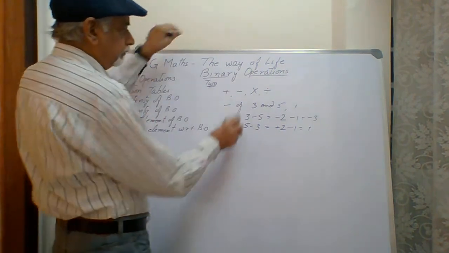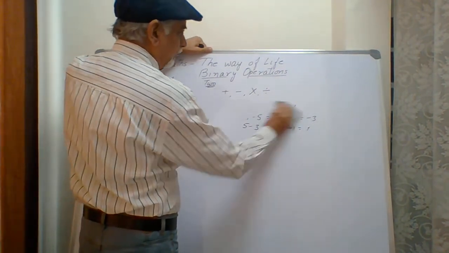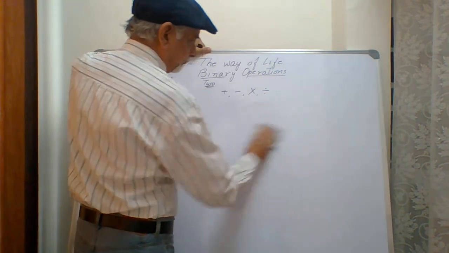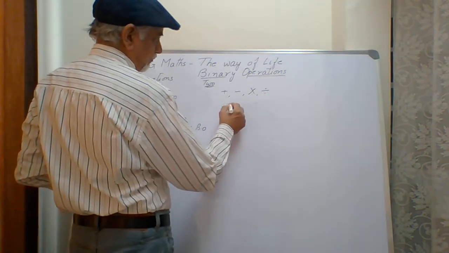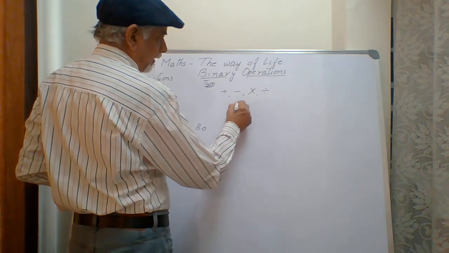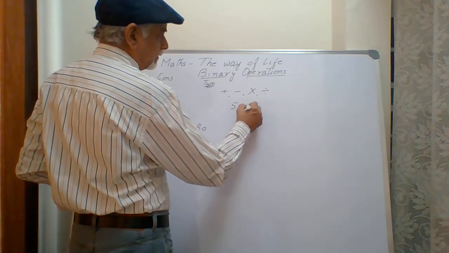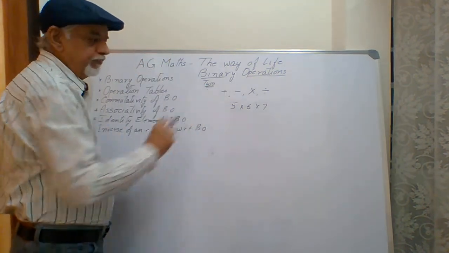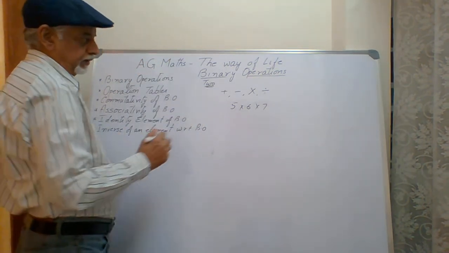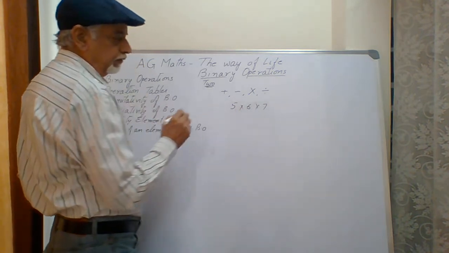Now look at the multiplication part. What do we do in multiplication? We have 5 multiplied by 6 multiplied by 7. If we have 3 elements for multiplication together, we cannot multiply all 3 at a time.